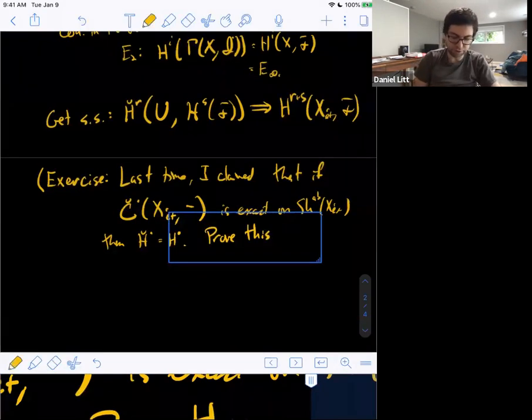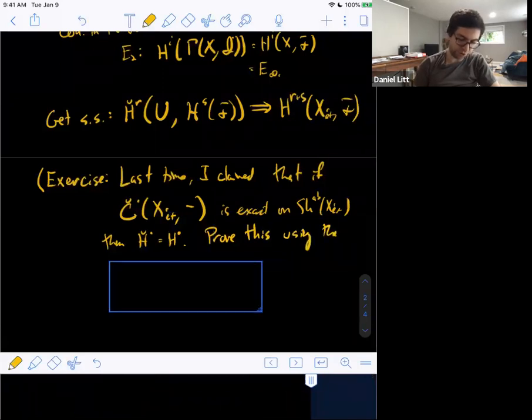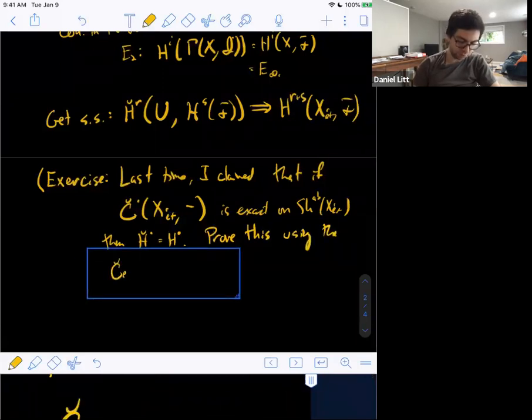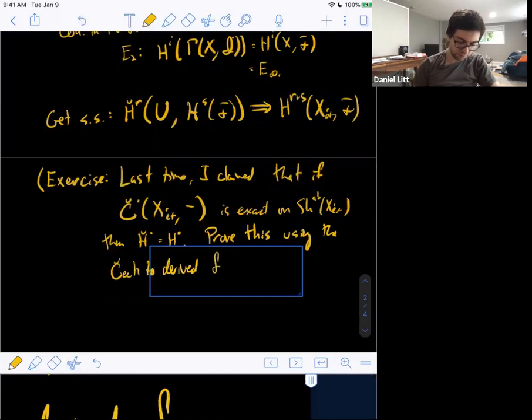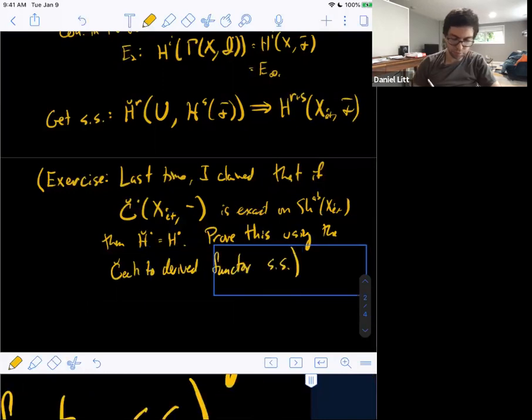So maybe the exercise is to prove this using the Čech-to-derived functor spectral sequence. You'll see it's actually not so hard. In fact this E2 page becomes very, very simple if C bullet is exact.